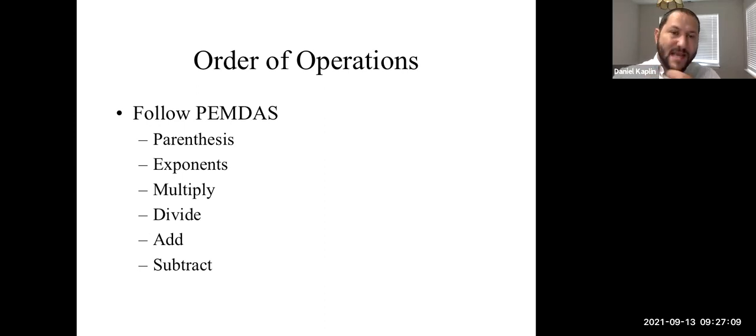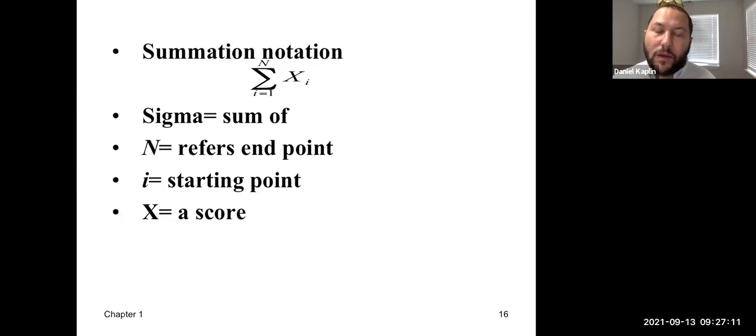All right. And you'll also see summation notation, right? So you might see in some statistics books, sigma, which seemingly looks like an E if you see my cursor. Sigma means to add, right?